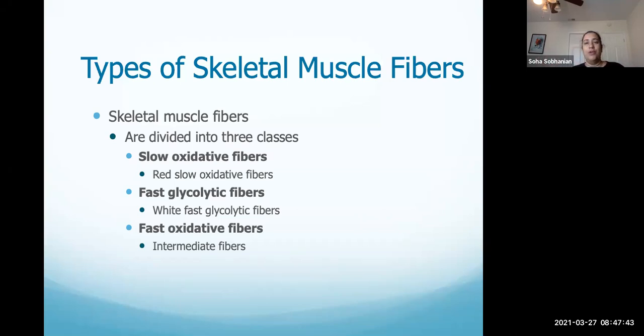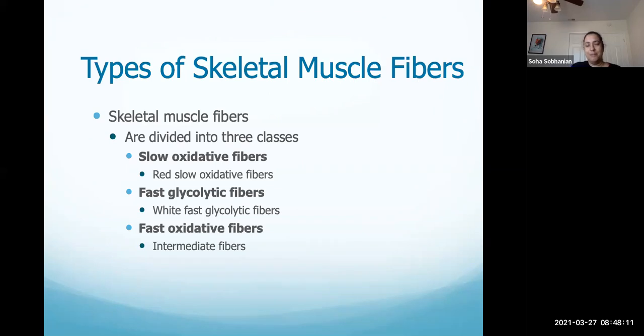So my question for you again, which of these muscles will appear red under the microscope because they have a significant amount of myoglobin? Which of these muscle or muscles will have a red color because they have a significant amount of myoglobin inside of them?